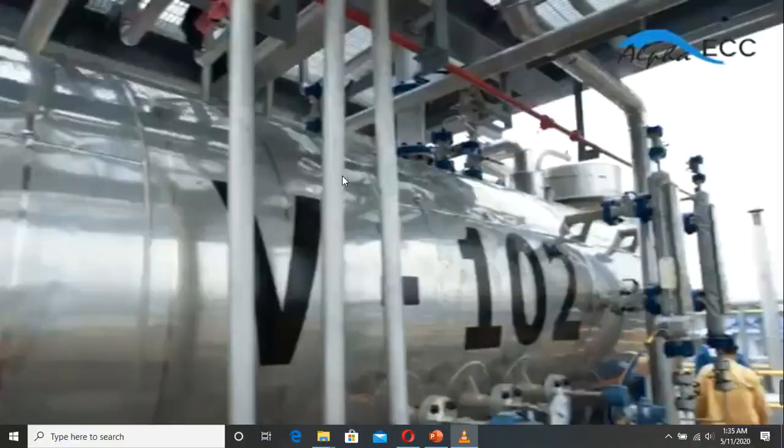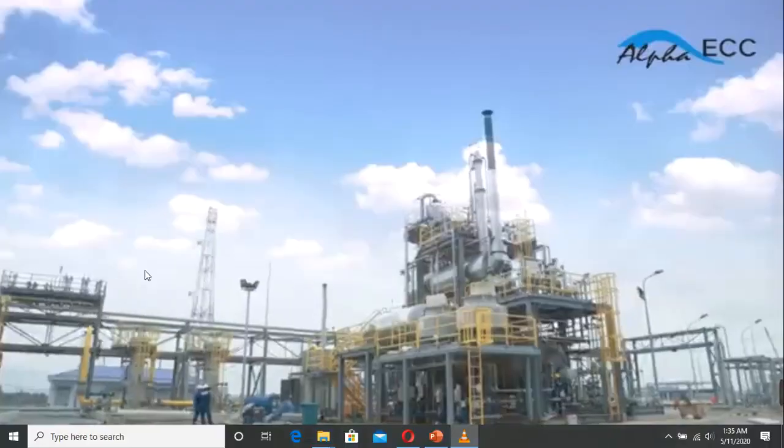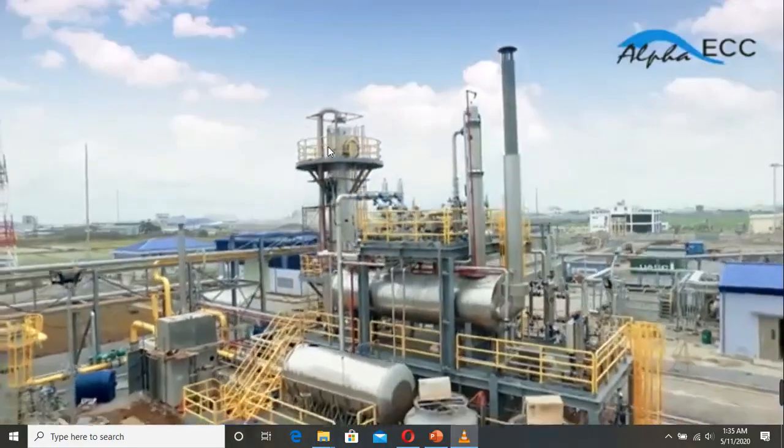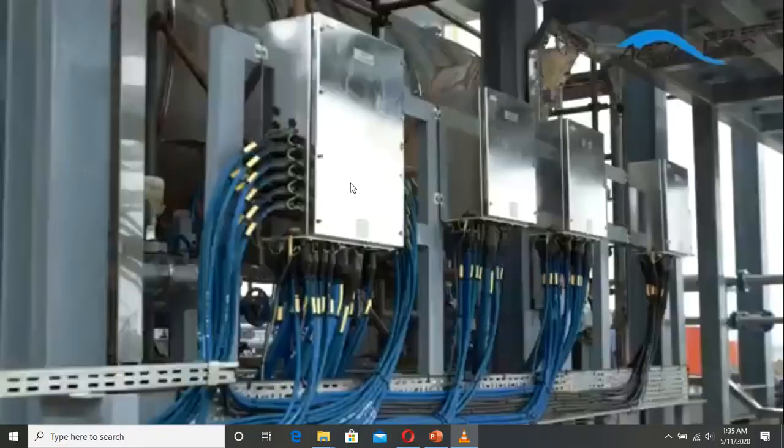This is its main tower. We call it the contactor. This is the main tower contactor, this one here.